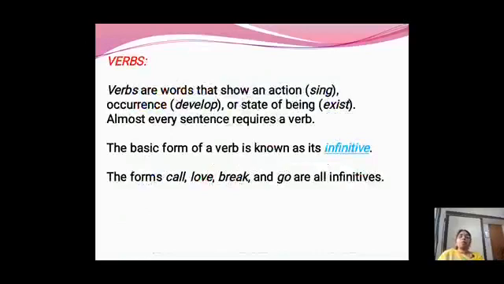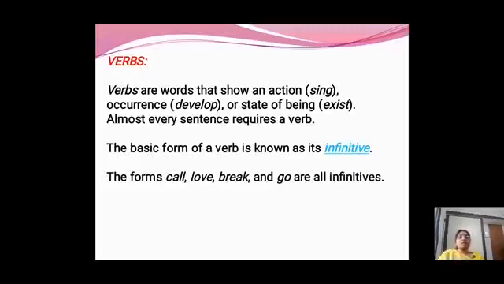Yes. So now what is the definition of a verb, dear? Verbs are words that show an action. This you learned from 2nd standard onwards. Sing, for example. Occurrence: develop. A state of being: what is the existence?